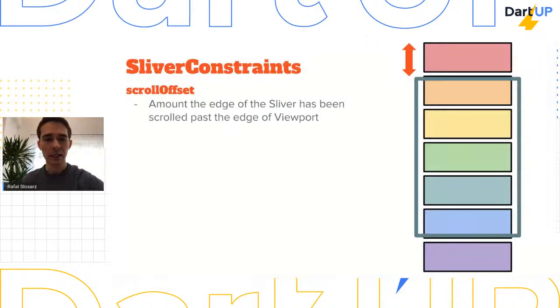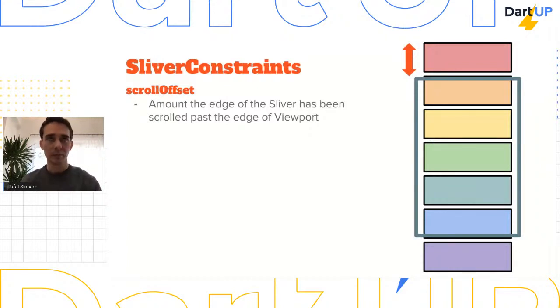The probably most intuitive idea of how sliver constraints describe the whole scroll state is a parameter called scroll offset, which is nothing else but the information of how much the sliver currently being processed, the one that would like to give the values to the layout phase, is already scrolled.